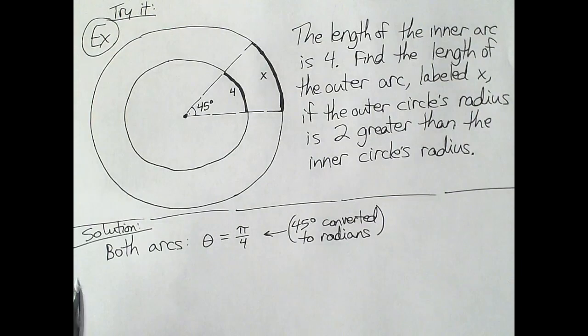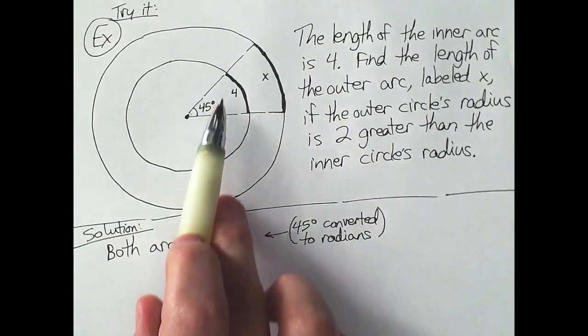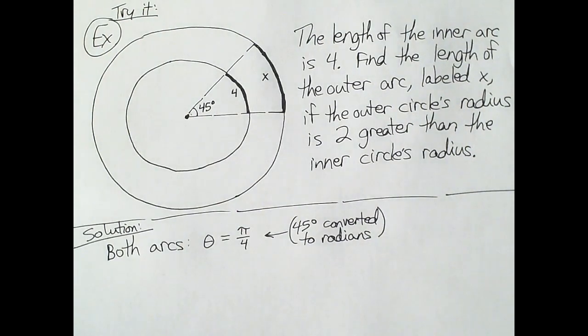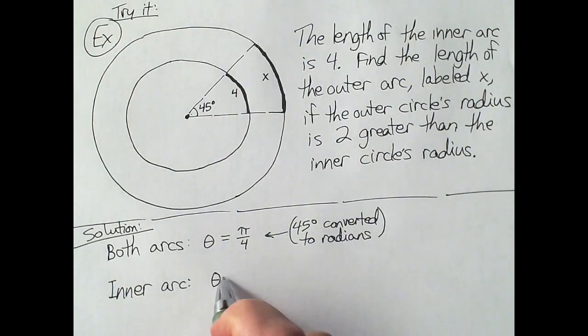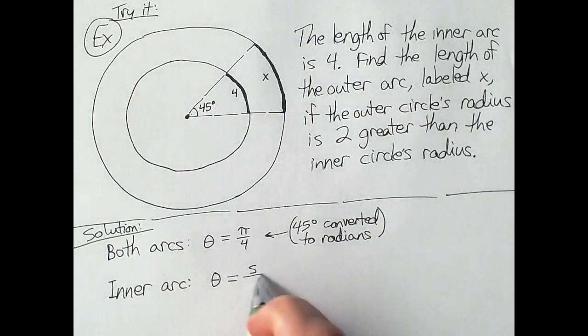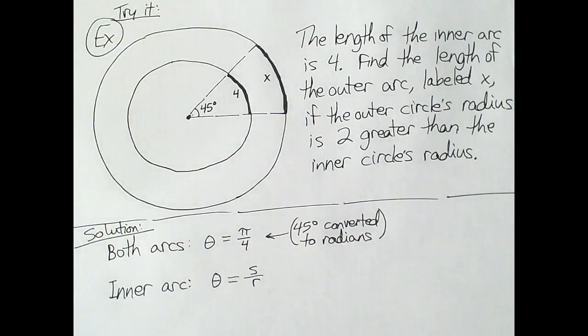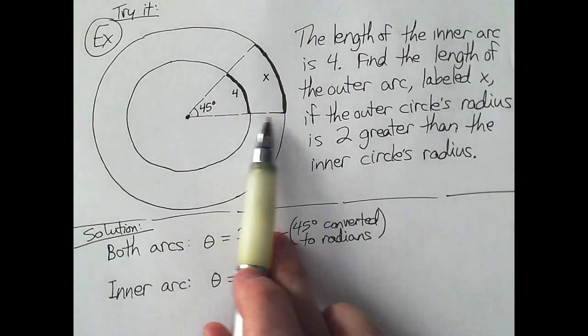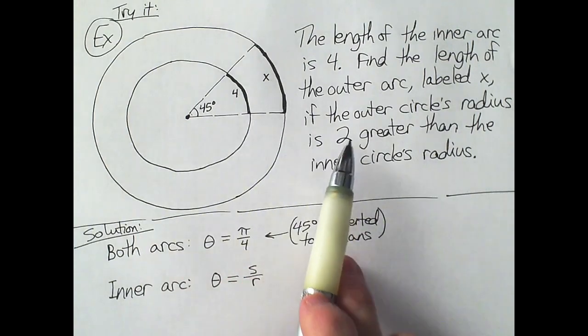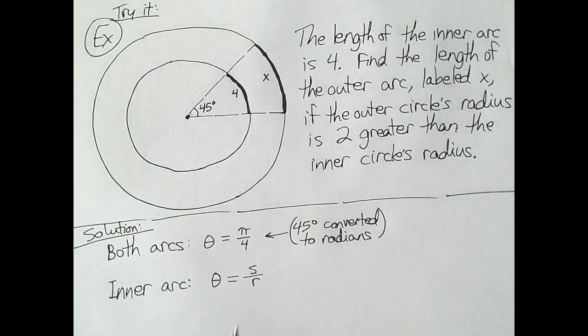Let's say something about the inner arc, because from the inner arc, we know the 45, we know the 4. Do we know the radius of the inner circle? Let's start writing some stuff. Inner arc. The inner arc should follow the formula theta equals s over r. So maybe we can figure out the radius of the inner arc. And then the radius of the outer arc is going to be 2 more than whatever this is.